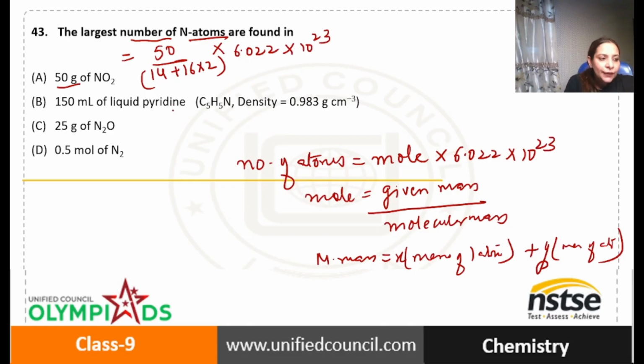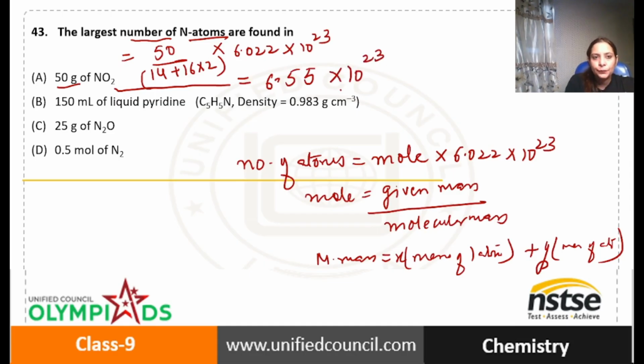If you find for the same, the first one contains 6.55 into 10 raised to power 23 atoms. And in the second you have 150 ml of liquid pyridine. You can find it the same way, but here in order to find the mass we need to multiply volume with density. Volume is 150 ml, density is given as 0.983.